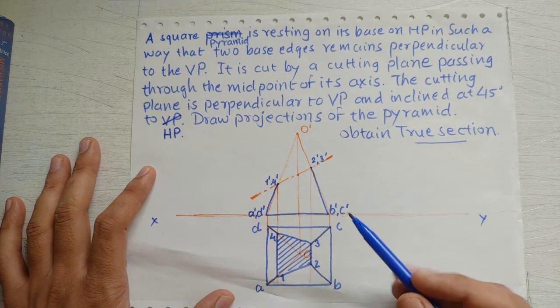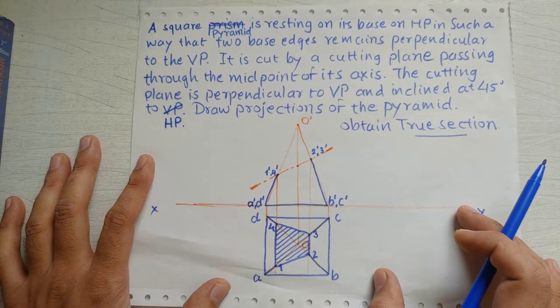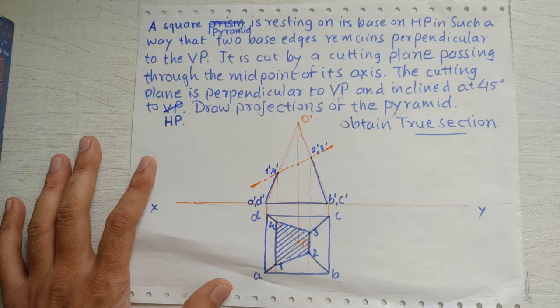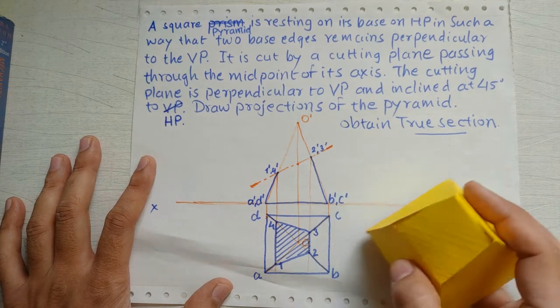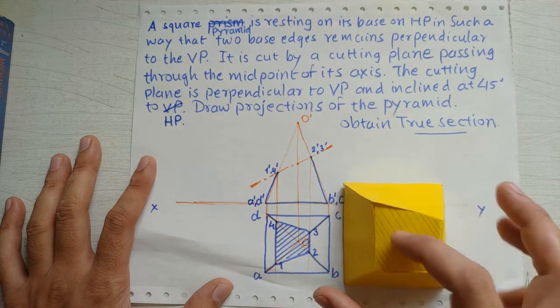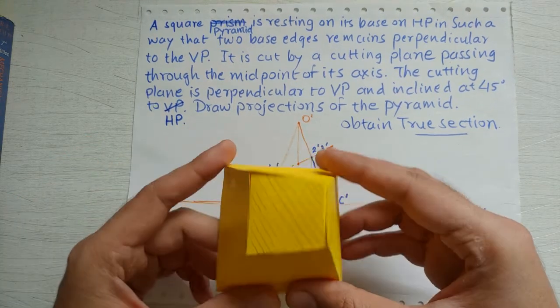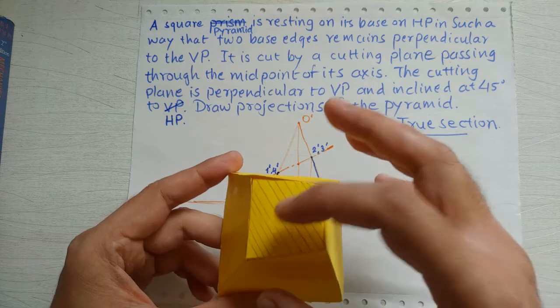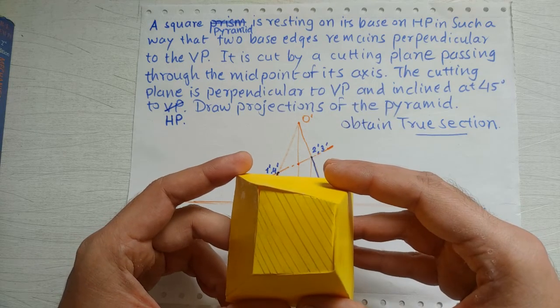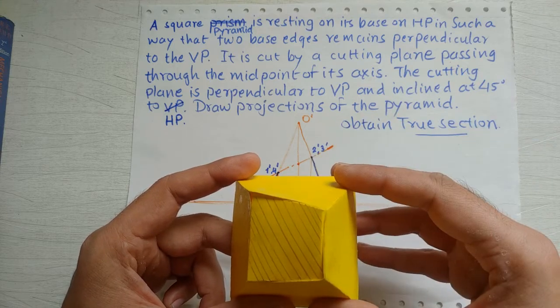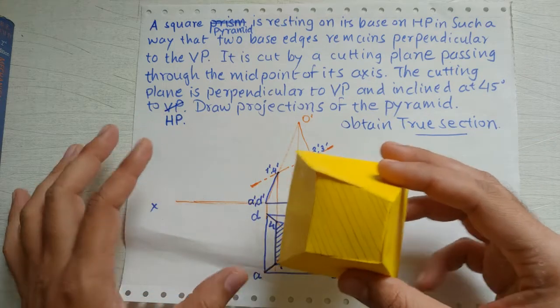So the thing is, when we are looking at this cut pyramid from top, you are able to see this particular section. Alright. But the thing is, when you look at it from top, you are not able to see the actual size of the section. Right? Now what is the reason?